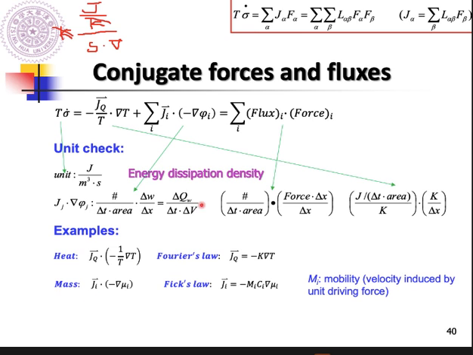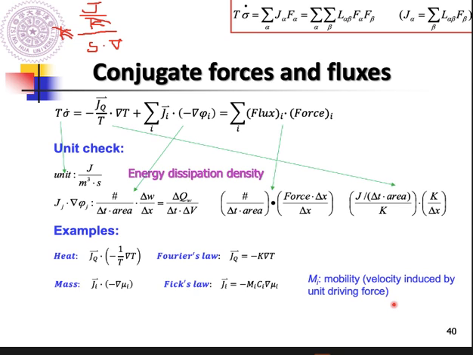For the mass transport case, the diffusion process, the flux will be atomic flux. Driving force will be the minus chemical potential gradient. And based on Fick's law, you also know the atomic flux equals minus mobility, concentration, and chemical potential gradient. And mobility, what's mobility? Mobility is defined by the velocity of a moving atom induced by the unit driving force.